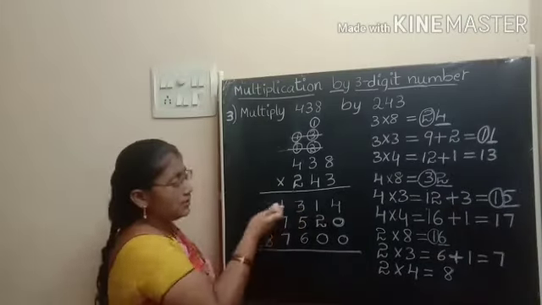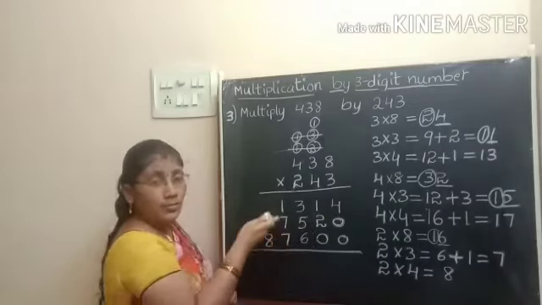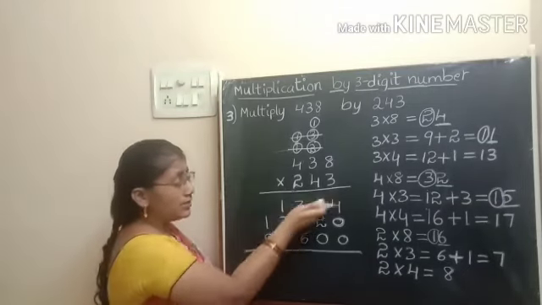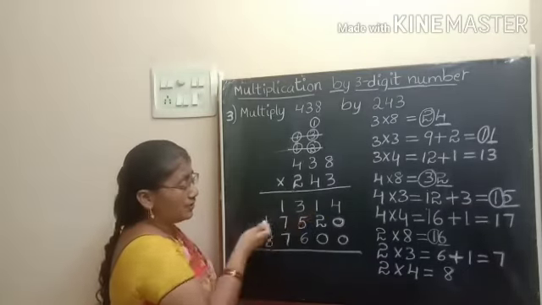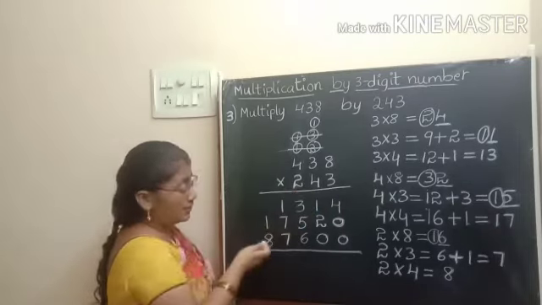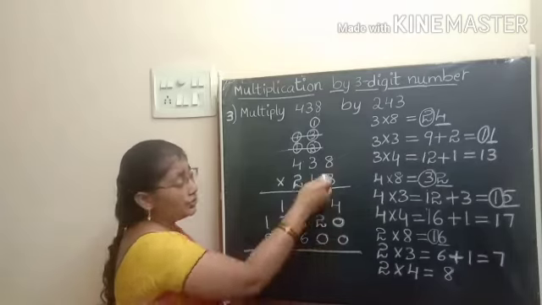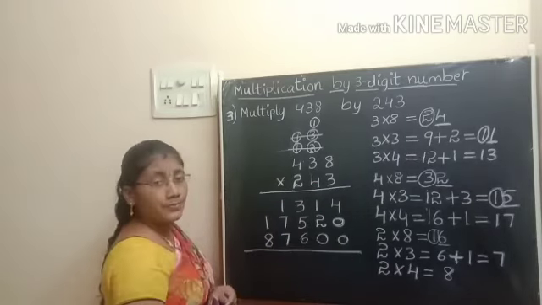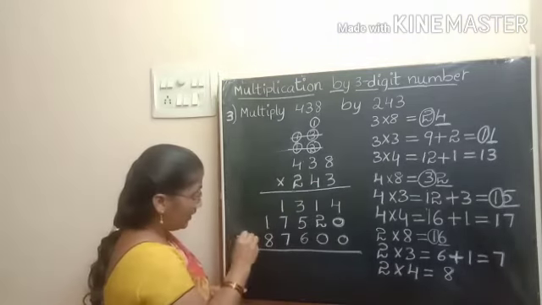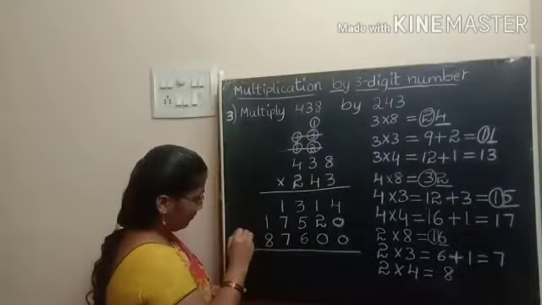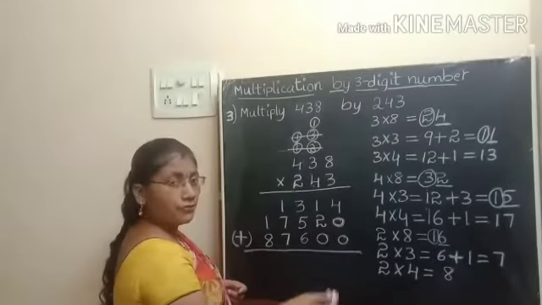So these 3 lines belong to the result. This result belongs to 3, this result belongs to 4 and this result belongs to 2. To get our final result, we should add these 3 lines. Look here. 4 plus 0, 4.